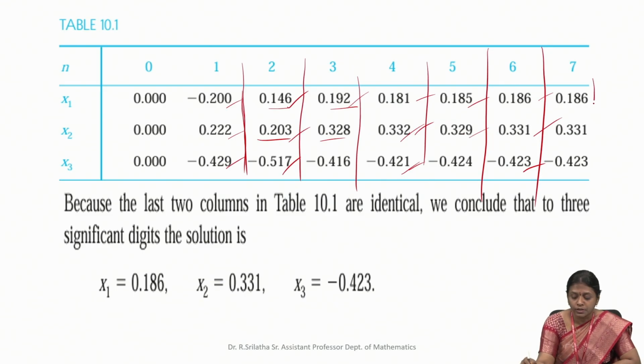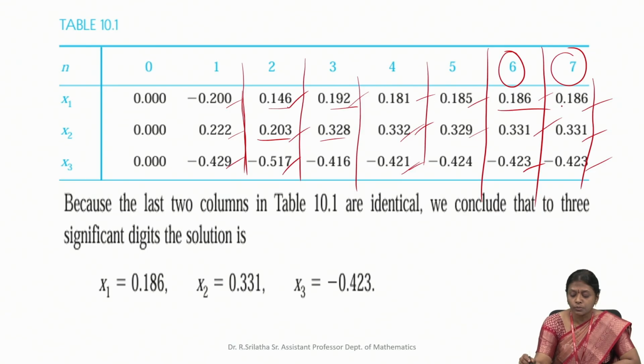Again, we are moving to the seventh iteration values here. So here you got x1 equal to 0.186 and x2 equal to 0.331 and x3 equal to minus 0.423. If you observe, the sixth and seventh iteration values are the same.